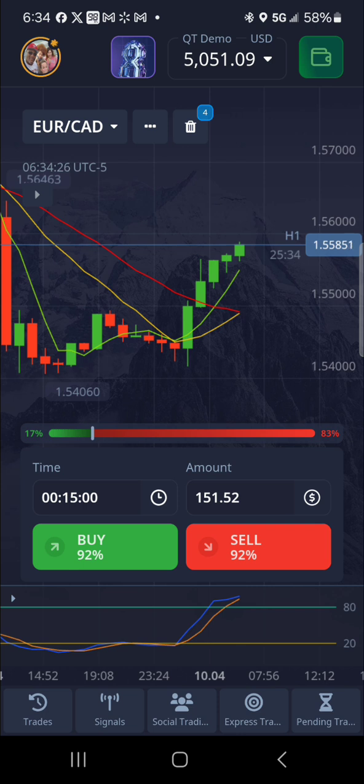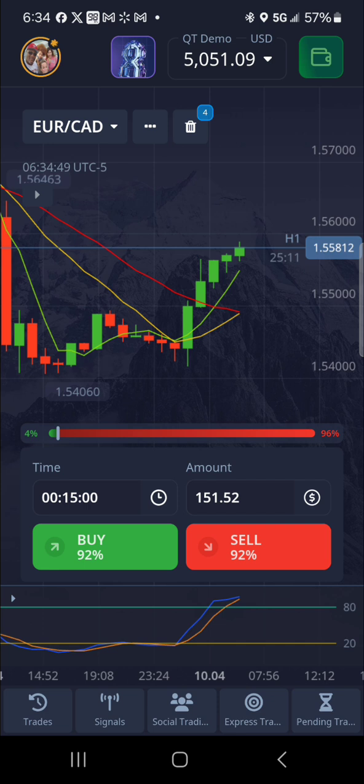So what you're looking for is a trend, an uptrend or a downtrend. For the last 4 candles, which is the last 4 hours, this trend's been going up.